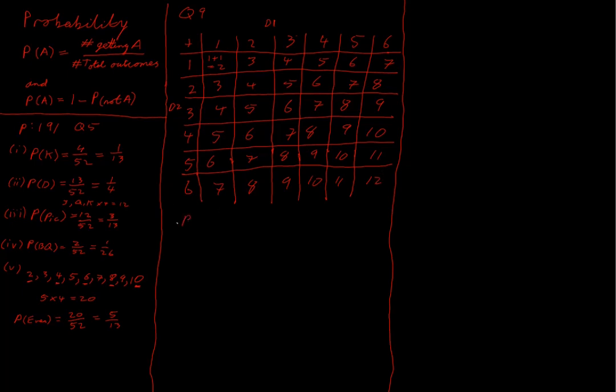And the probability, part 1, of getting a 10 is going to be the number of ways that I can get a 10 divided by the total number of possible outcomes. So I have a 10 here, a 10 here, and a 10 here. So I have 3 ways of getting a 10 out of a total of 36 possible outcomes, which leaves me with a probability of one twelfth.